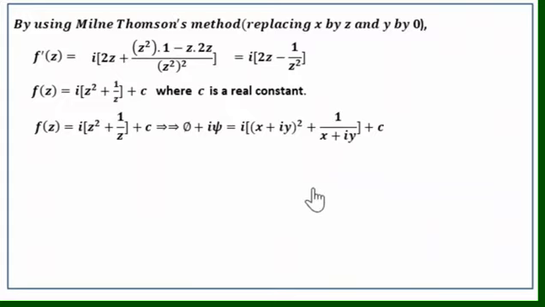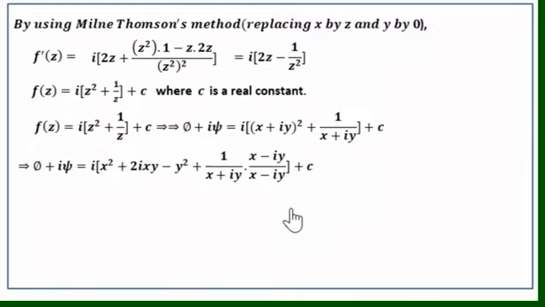For the first term, we use the a plus b whole square formula, that is a square plus 2ab plus b square, and for this term we multiply and divide by the conjugate of the denominator, that is x minus iy. So we get phi plus i psi equal to i into x square plus 2ixy plus i square y square, but i square is equal to minus 1, so we have minus y square, plus the next term 1 by x plus iy into x minus iy divided by x minus iy, plus c.